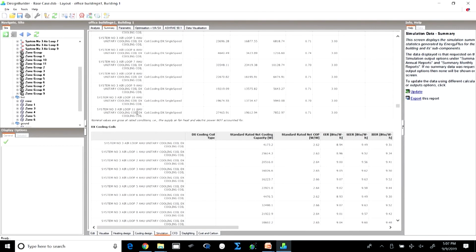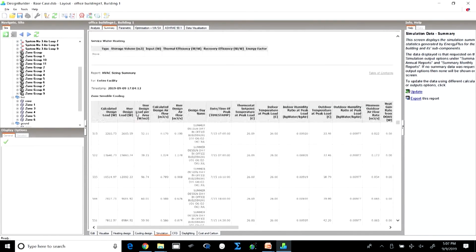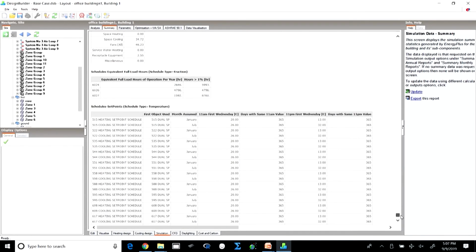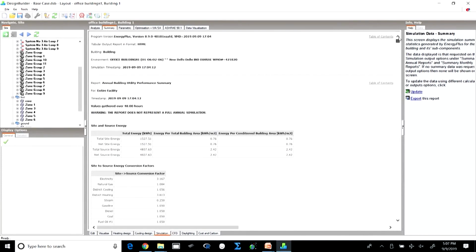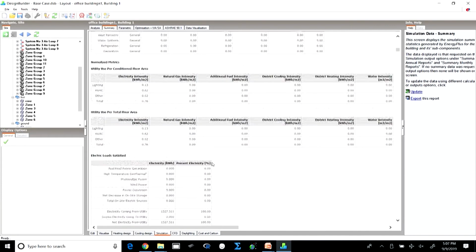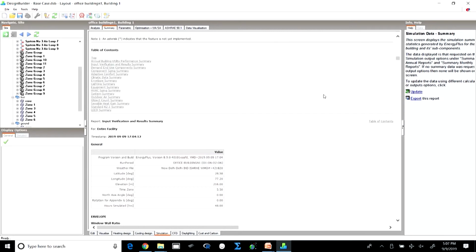So, basically we can look at all the inputs that have gone in, and then we can also look at the outputs which we have received. So, in the beginning we will have the outputs, and towards the end we will have the inputs. This is the summary of the simulation on the basis of the input parameters we have given and also the output parameters that we have defined.